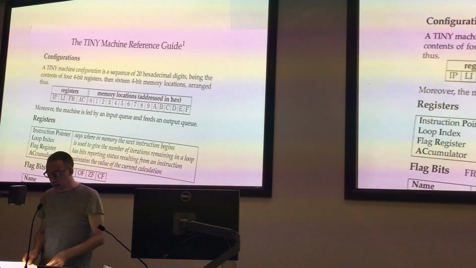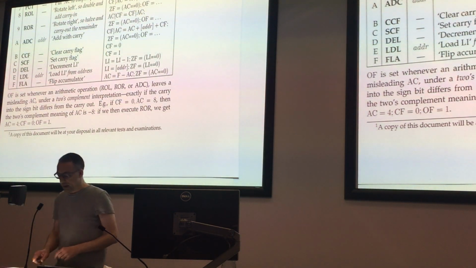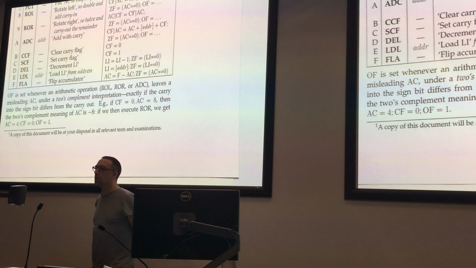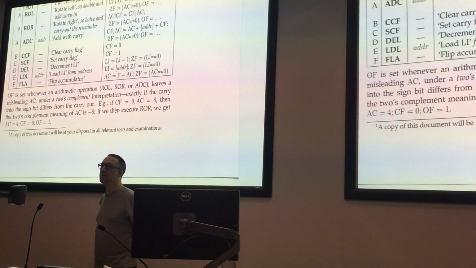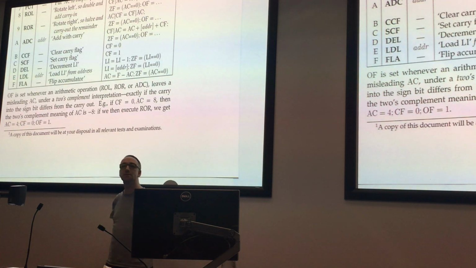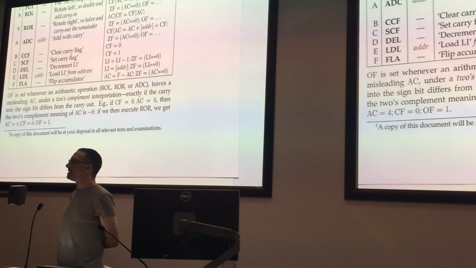The most important line on this piece of paper is the bottom one. It says, a copy of this document will be at your disposal in all relevant tests and examinations. That is to say, the information contained on this piece of paper need not be memorized. I do not expect you to remember all of these little details.